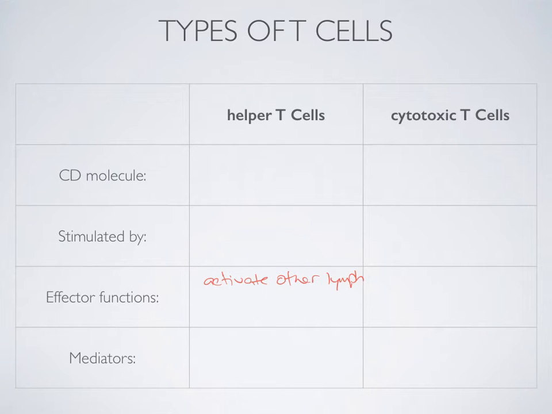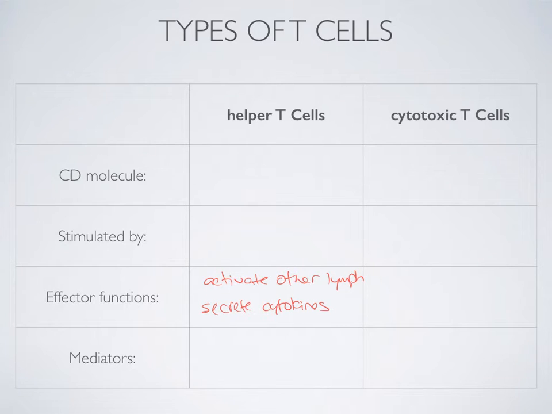so they have that co-stimulatory molecule that directly binds. But in addition, they can also secrete cytokines. And those cytokines can help activate cells. So they secrete a whole array of cytokines, interleukin-2, interleukin-4, interleukin-5. And the type of cytokines they produce will activate different types of cells.